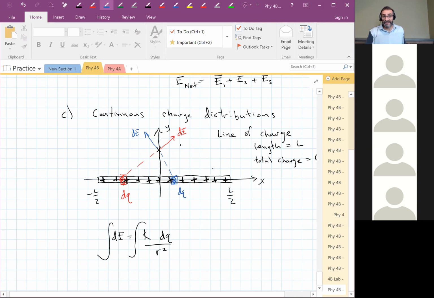And electric field is a vector quantity, right? I have to break these up into components before I add them up. So I can't integrate until I break it up into components.